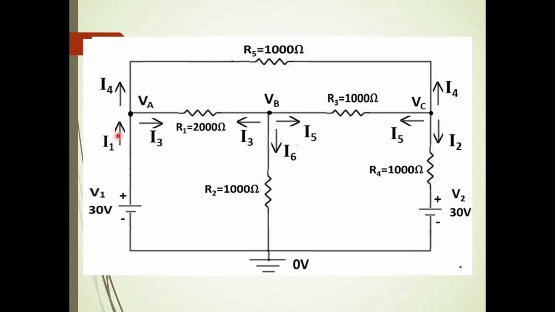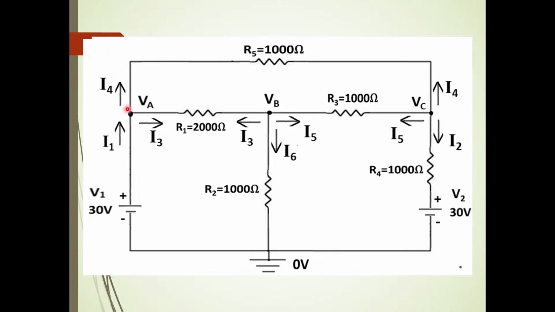At node A I have assumed one current entering and two currents leaving. Actually, there is no need to assume current directions at node A, because the source is directly connected to node A and we already know the node voltage. Therefore, there is no need to mention the current directions, because there is no need to verify Kirchhoff's current law at this node.